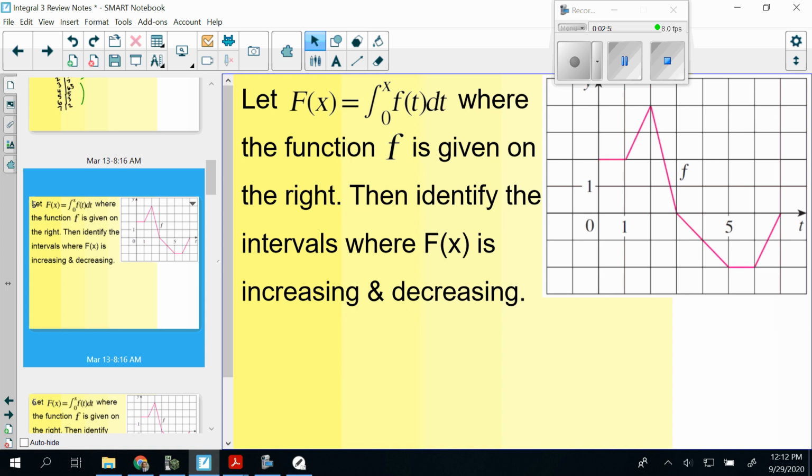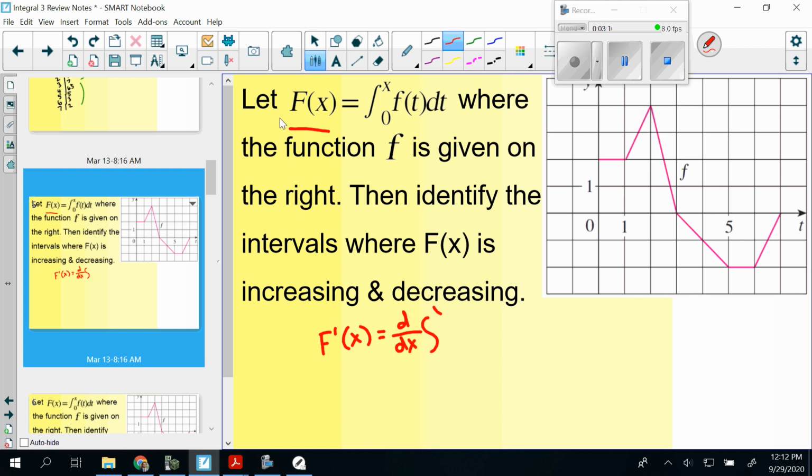But we also know from the fundamental theorem of calculus that if we take the derivative of this side, we get the derivative of F. That also means we need to take the derivative of the other side, the integral of the function f of t dt. From what we looked at in previous videos, this equals just f of x by the fundamental theorem of calculus. So we know what the derivative of capital F is equal to.